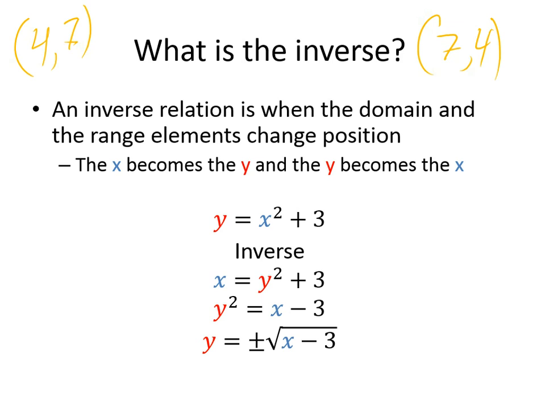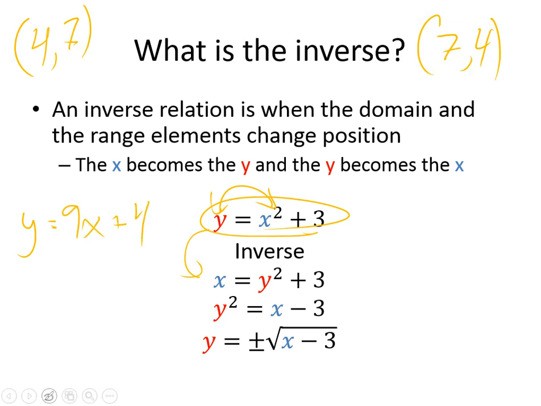And basically, the way to find it is that we take our original function, switch the x and y, and then solve. So if you had y is equal to 9x plus 4 and you want to find the inverse function, you switch the x and the y.